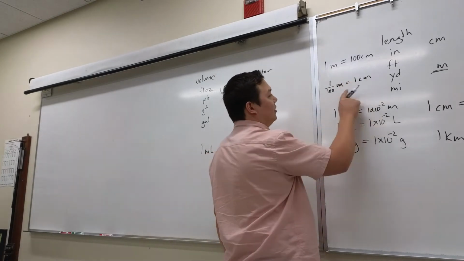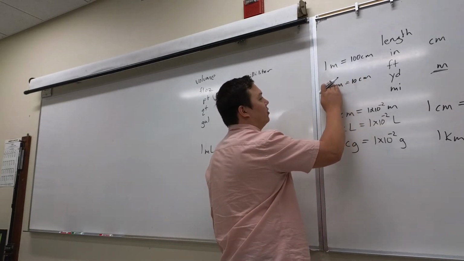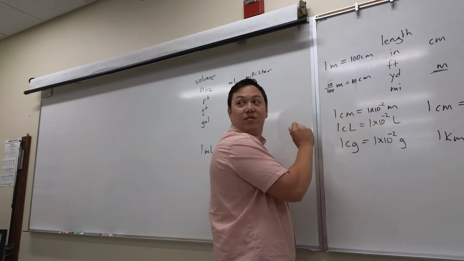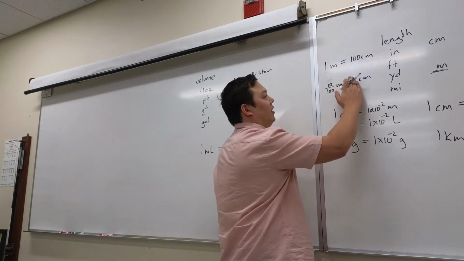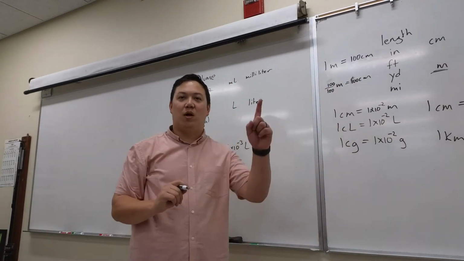If I had 10 centimeters, this would be 10 hundredths. If I had 100 in here, this would be 100 hundredths, which is 1.